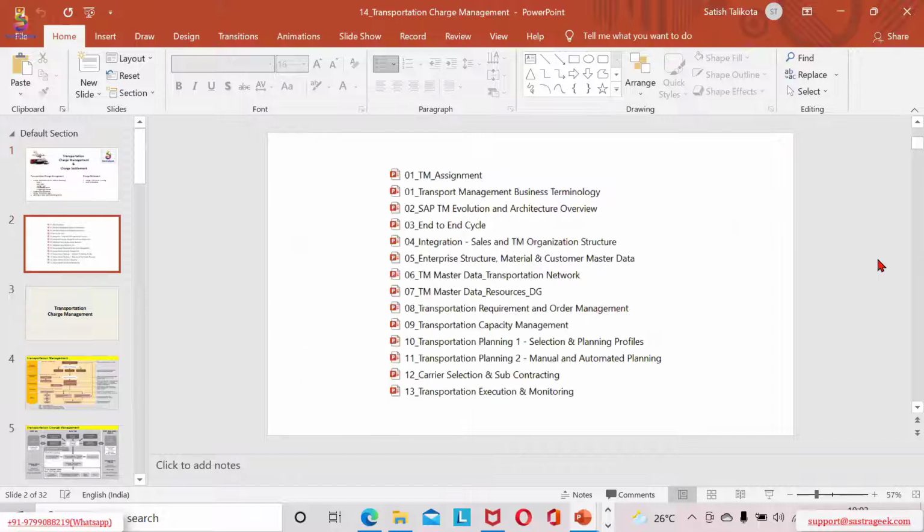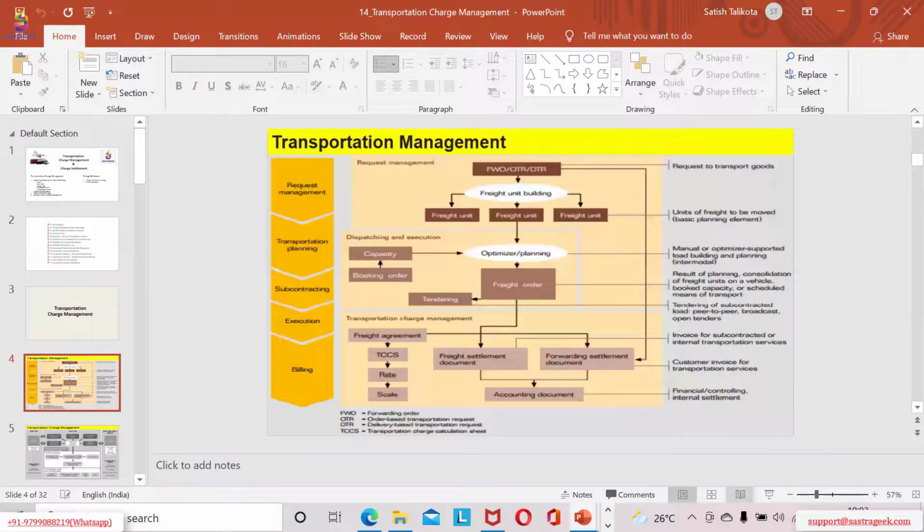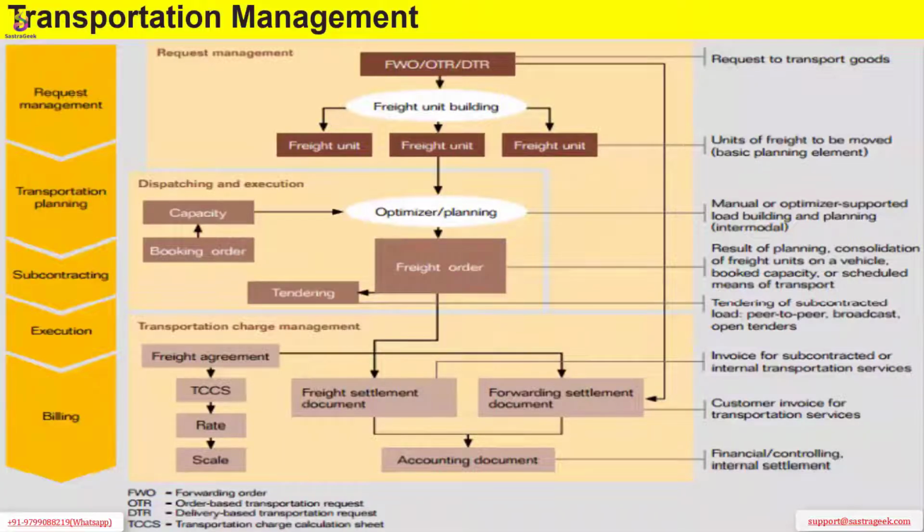So where are we actually today? We have been discussing request management, and then moved on to transportation planning, freight order and all that. Now we are in the last block, the billing part, which consists of 2 elements.